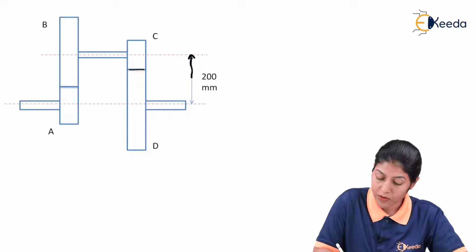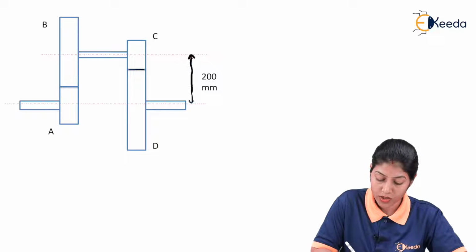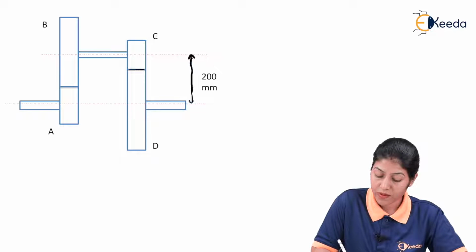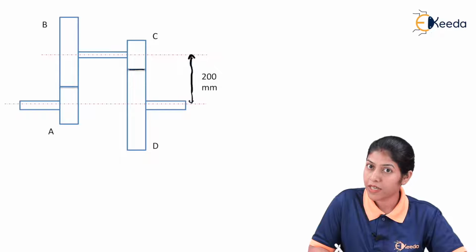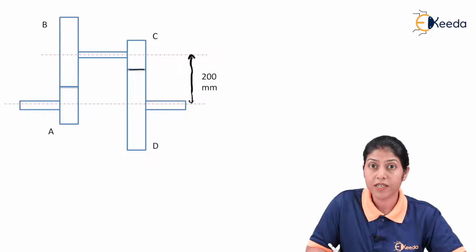So the center distance for gear C and gear D is the same, that is equal to the center distance for gear A and gear B. So we will define the condition on the basis of module for gear C and gear D and number of teeth for gear C and gear D.